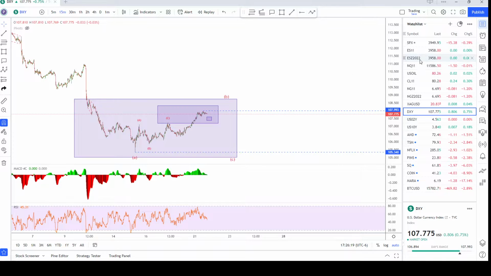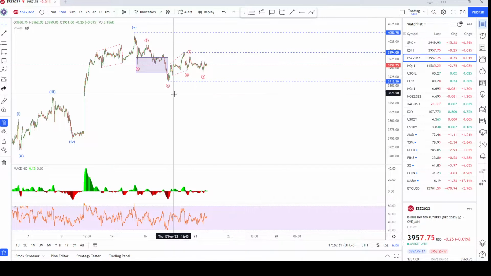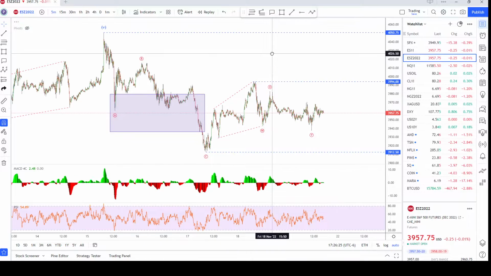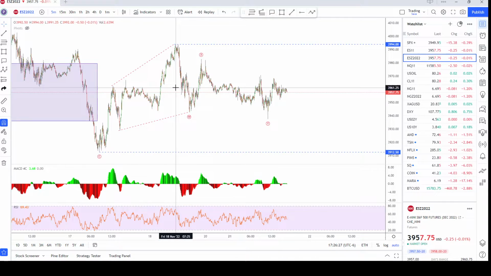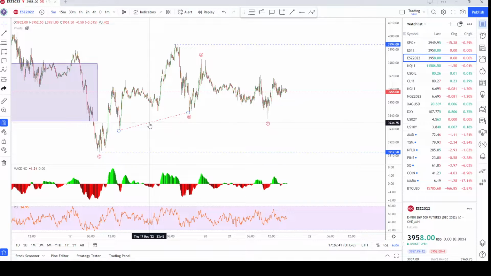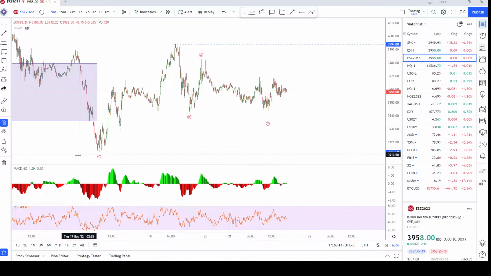So let's move over to the S&P. Had this one wrong also. I thought they were making a running flat here, but when I looked at this, this wasn't an impulse up. This was just a 1, 2, 3 wave, so you can't have a running flat there. So take that off, that was wrong.